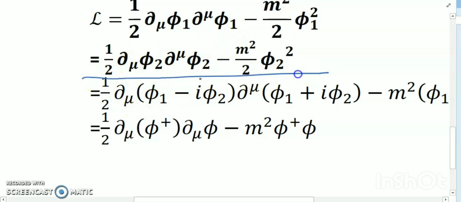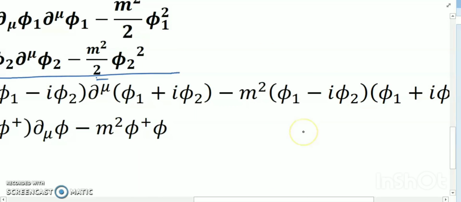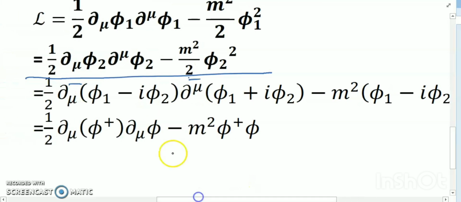So we can get it through minus i phi 2, plus i phi 2, and now you must remember that this is called phi plus. So I am putting in here phi plus, and this is the general phi, and this is the phi plus.